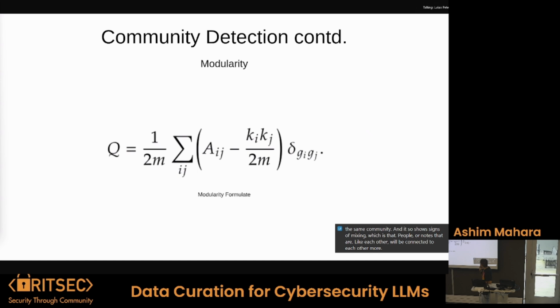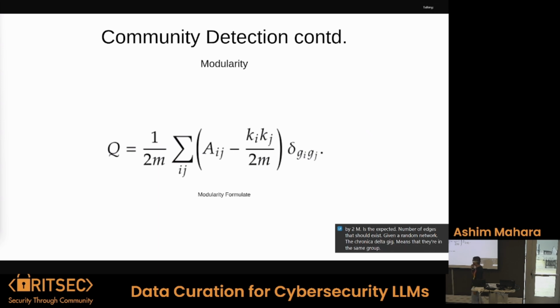This is the formula for modularity. It looks scary, but the A_ij is just the adjacency matrix, which is the actual number of edges for a given pair of nodes, and k_i k_j by 2m is the expected number of edges that should exist given a random network. The Kronecker delta, δ(g_i, g_j), means that they are in the same group.